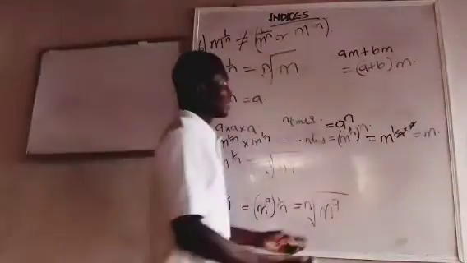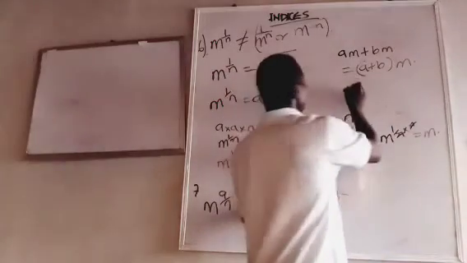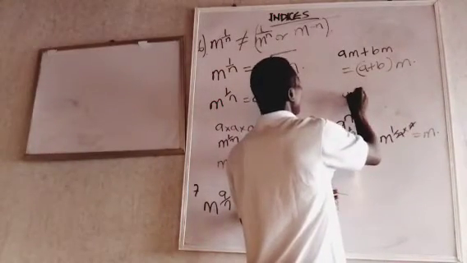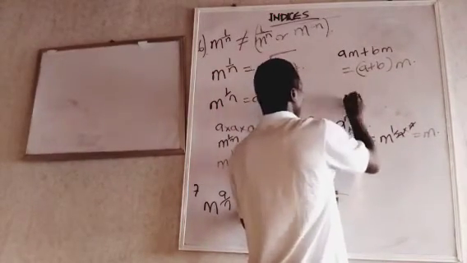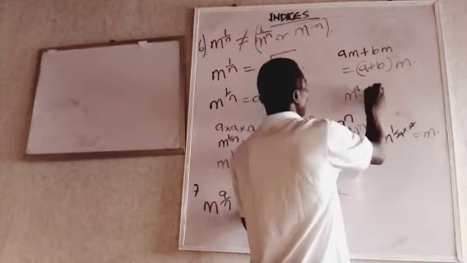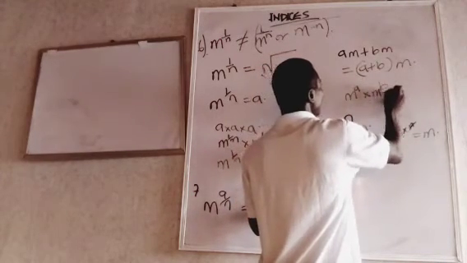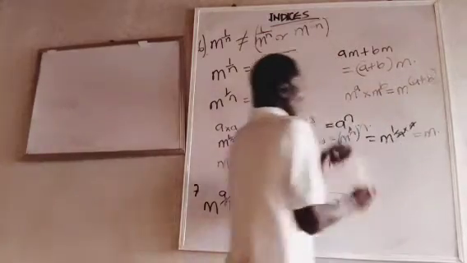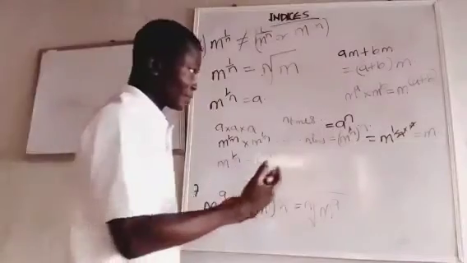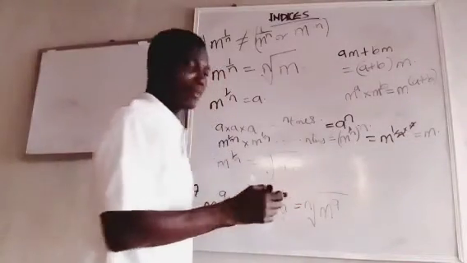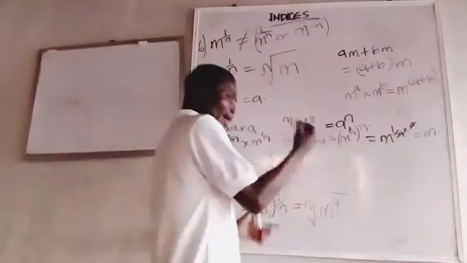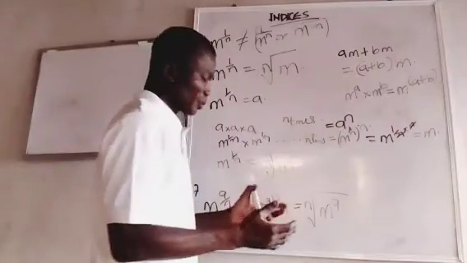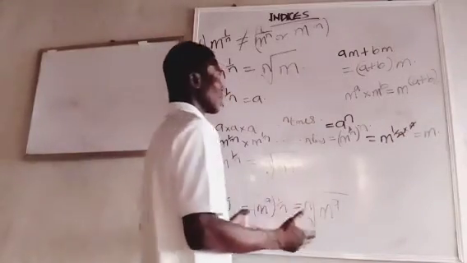You can see. So in indices also, if you have n raised to power a times n raised to power b, it is going to give you n raised to power a plus b. So this kind of comparison makes it fun to handle and makes it easy for you to recall whenever you are working these things out.